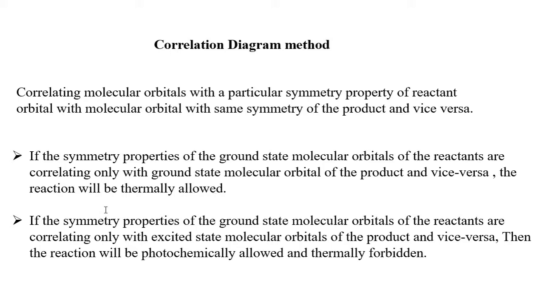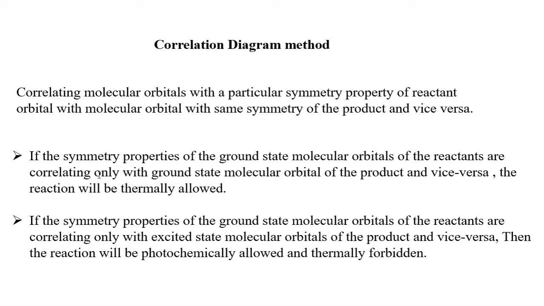That means if the molecular orbitals in the ground state of the reactant with a particular symmetry property are correlating with the ground state molecular orbitals with that symmetry property, then the reaction will be thermally allowed.